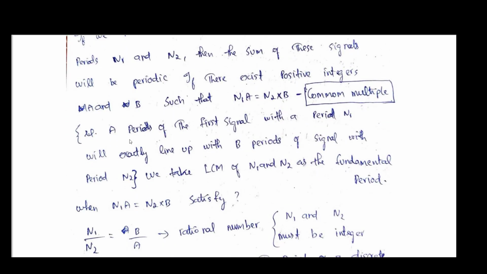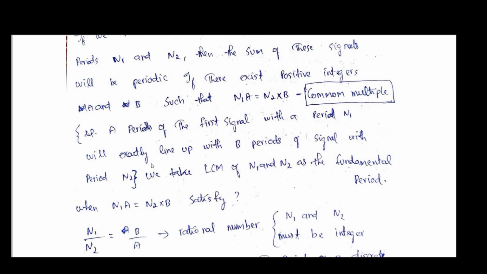In other words, a times the period of the first signal will exactly line up with b times the period of the second signal. That is the interpretation of this. After a times the period, the first signal will exactly line up with the second signal after b times its period.